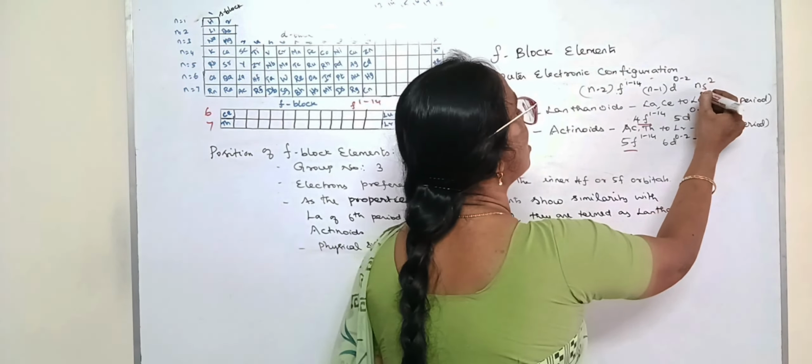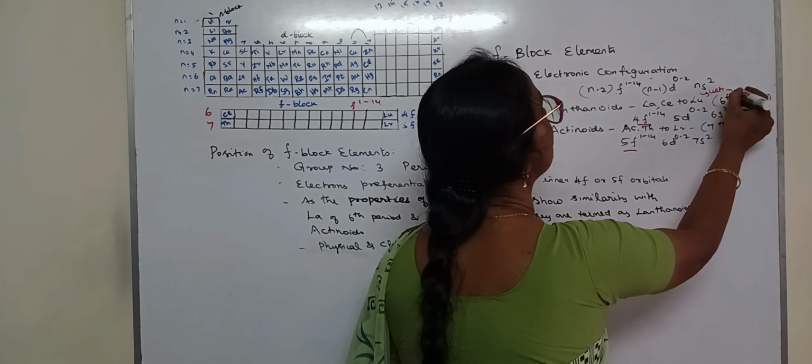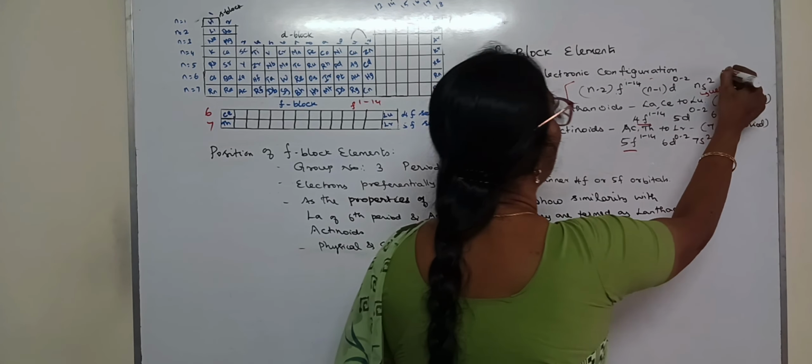This ns orbital, we know, is the ultimate shell. These are part of the valence shell.